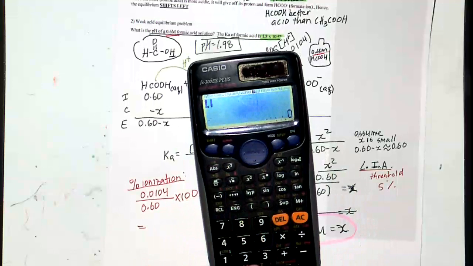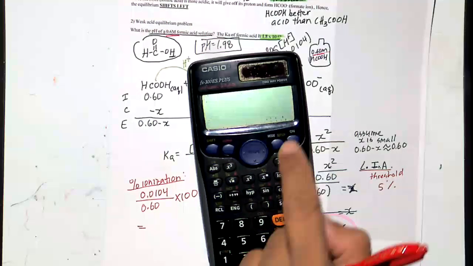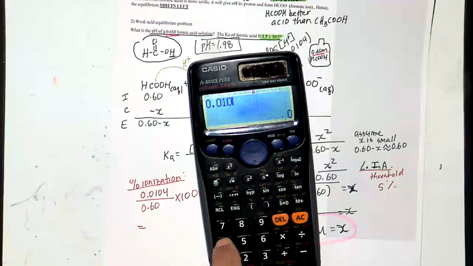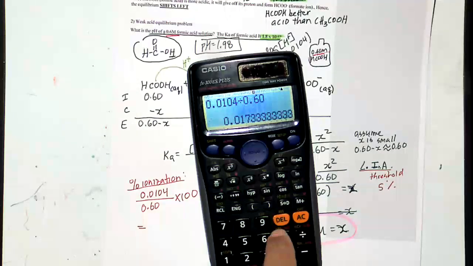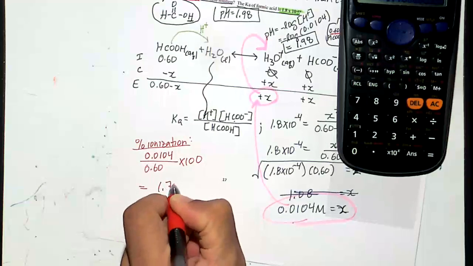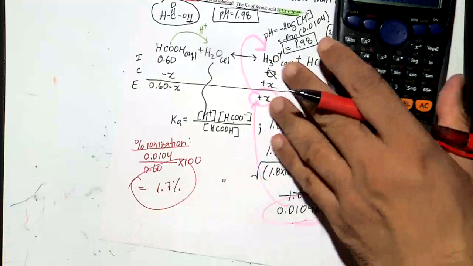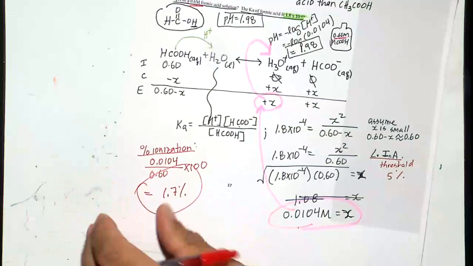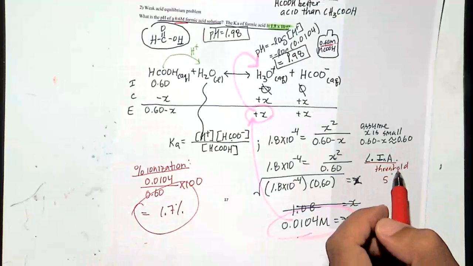0.0104 divided by 0.60, times 100, is 1.7%. What is the threshold? 5%. So this is 1.7% ionized.